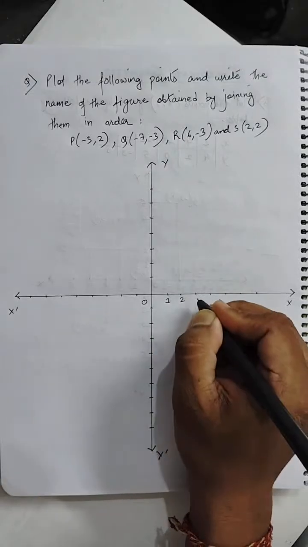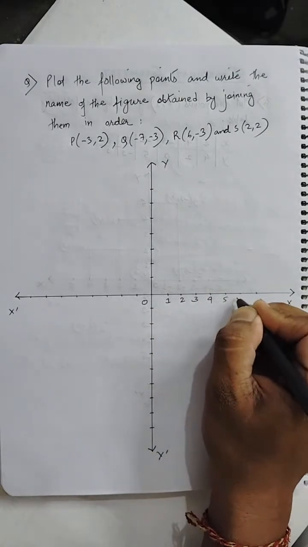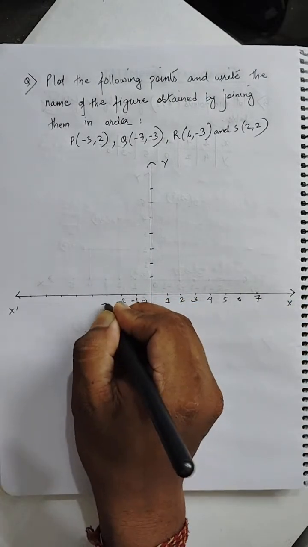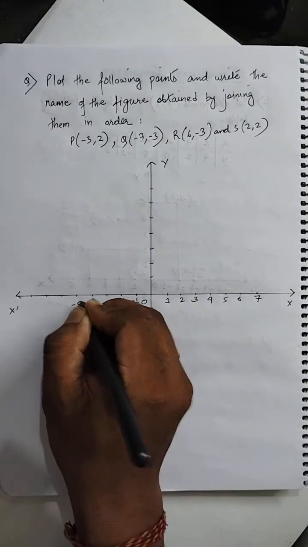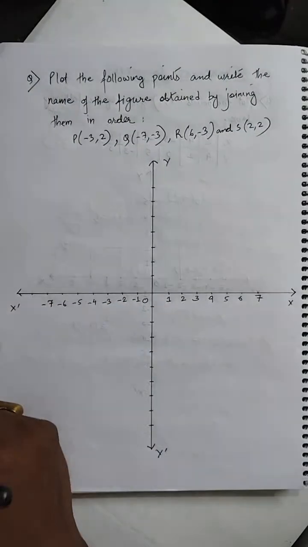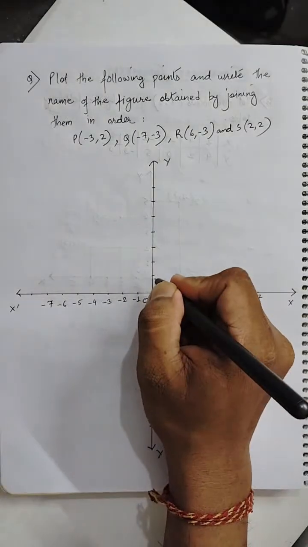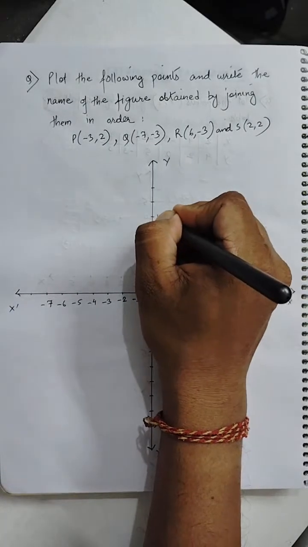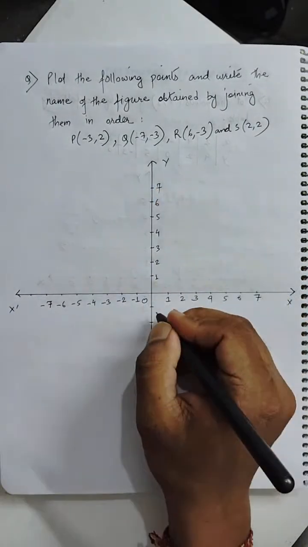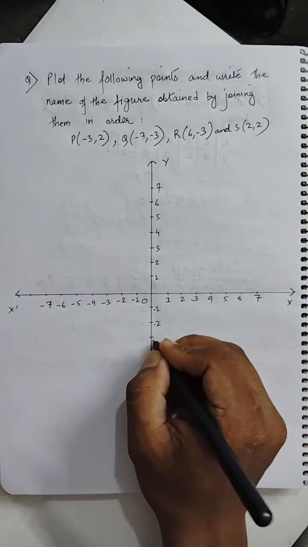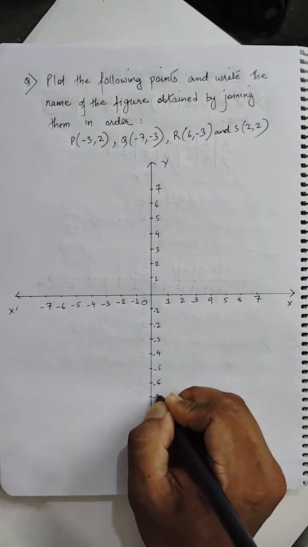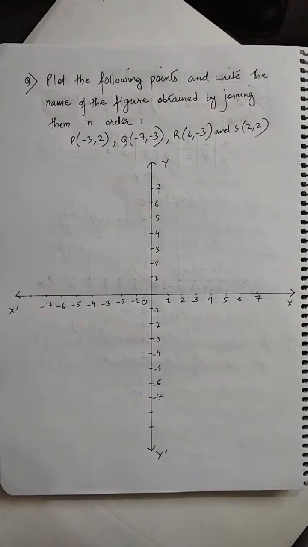This is 1 2 3 4 5 6 7, minus 1 minus 2 minus 3 minus 4 minus 5 minus 6 and minus 7. This is 1 2 3 4 5 6 7 and minus 1 minus 2 minus 3 minus 4 minus 5 minus 6 and minus 7. Okay, so let us plot the points and then see what figure we get.